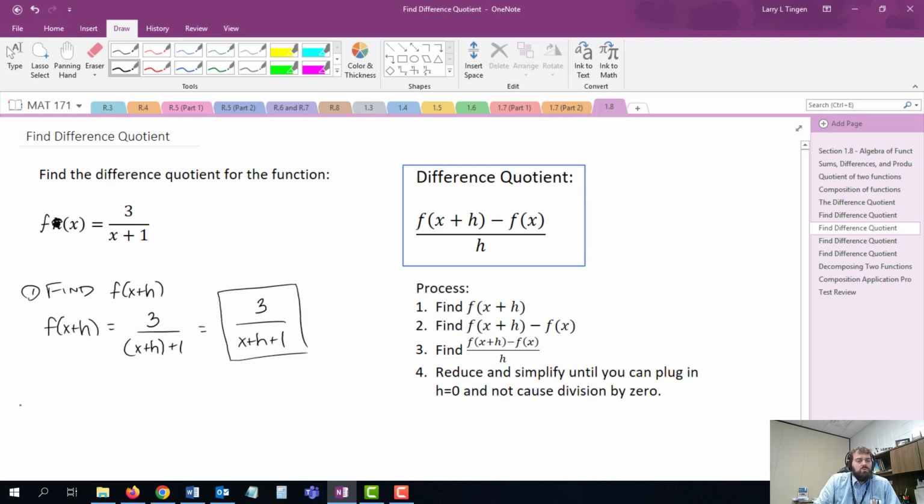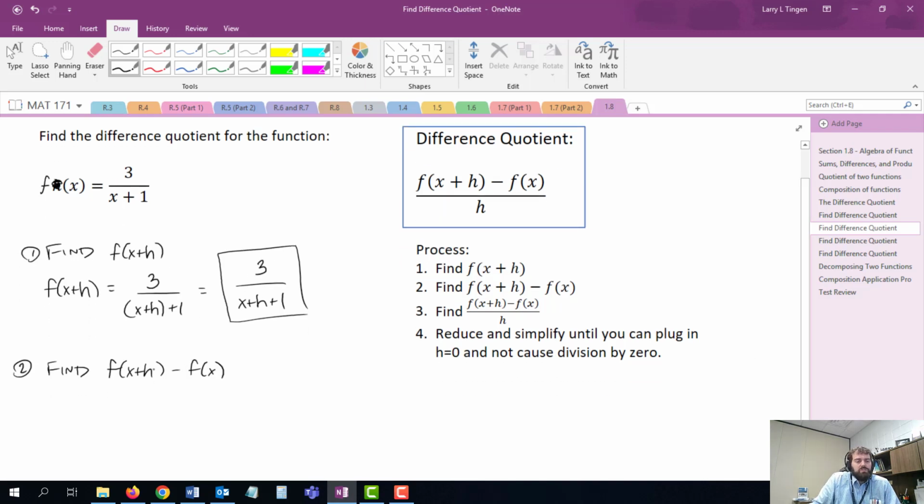All right, step 2, find the entire numerator: f of x plus h minus f of x. This one's rational, so we're going to have two different denominators when we write this out, and we're going to get them together.